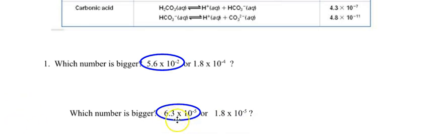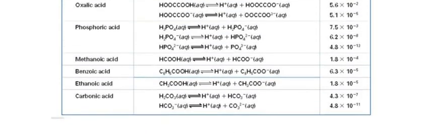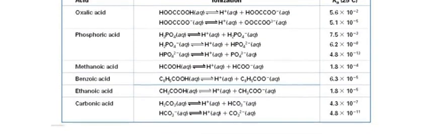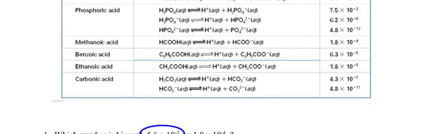So let's look at the chart now. Which of the weak acids, they're all weak acids, above will dissociate or ionize to the greatest extent? What are we looking at to answer the question? Of all these values here, which Ka is the biggest? Did you find it? It was the top number, wasn't it?